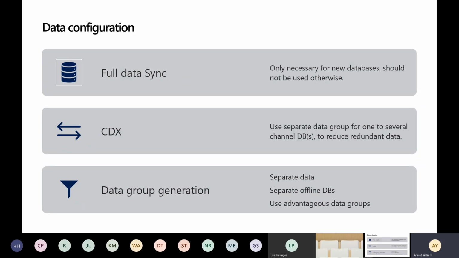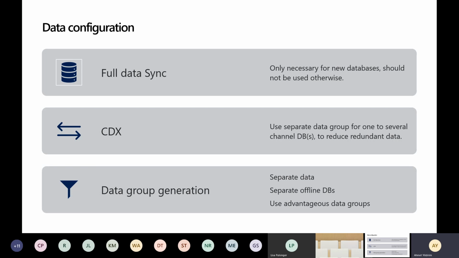For the data configuration, the full data sync is also another important part. When you kick off the full data sync operation, this can really be a resource monster. It can easily consume your valuable resources. So it is only necessary if you have a new channel DB and should not be used otherwise.